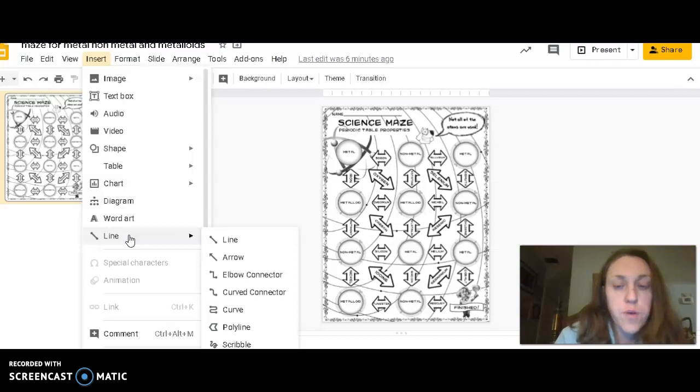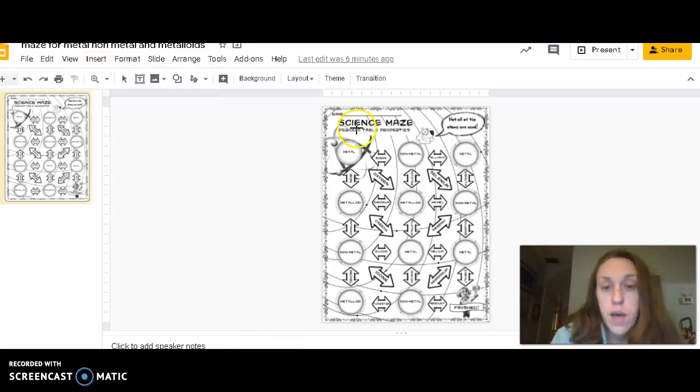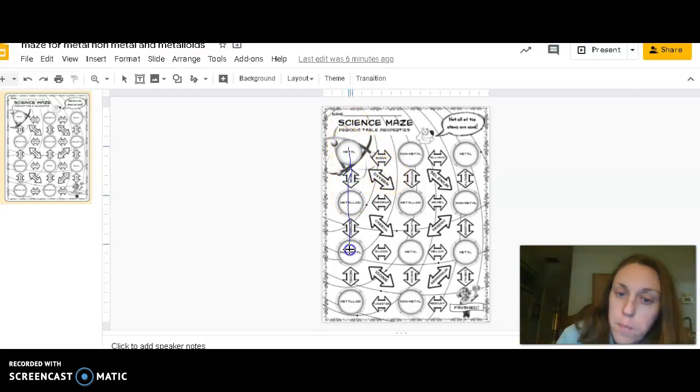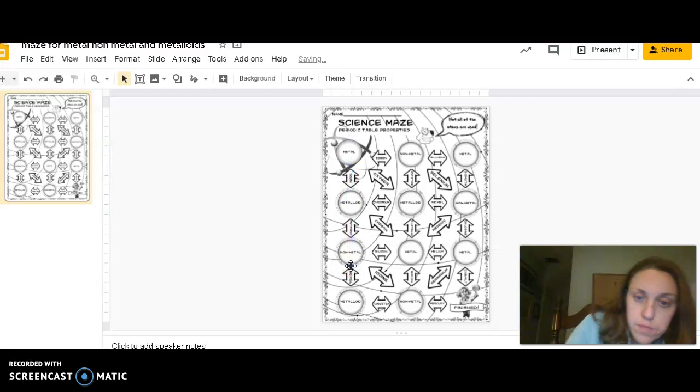We've done this before. It's a pretty cool example. You can use curve, you can use scribble. So if you have metal, is it iron, oxygen, or boron? Got to go slow with it.